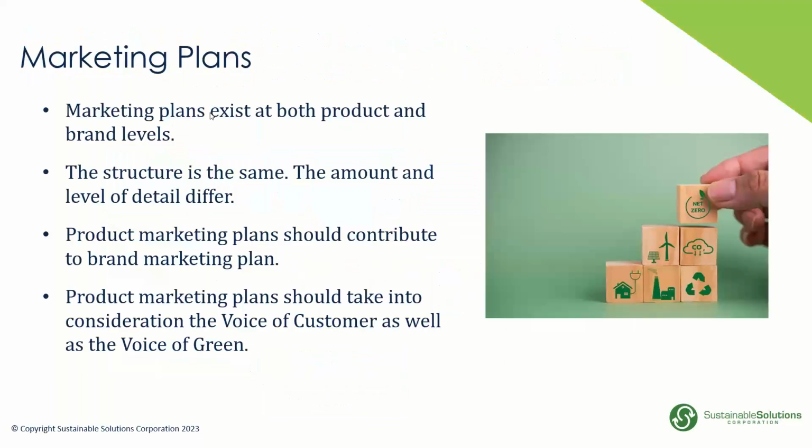And one thing that we have found that's really critical is when you're doing new product development and sustainable product innovation, you want to make sure you have a good marketing plan that combines both your product and brand level activity, basically how you're structuring it, looking at your marketing plans and your brand marketing plans, and how they mesh together. But then going back to our exercise, integrating that voice of customer as well as voice of green into the marketing plan.